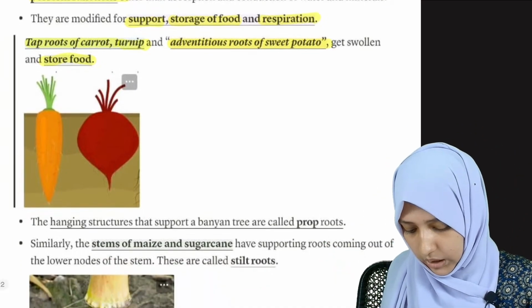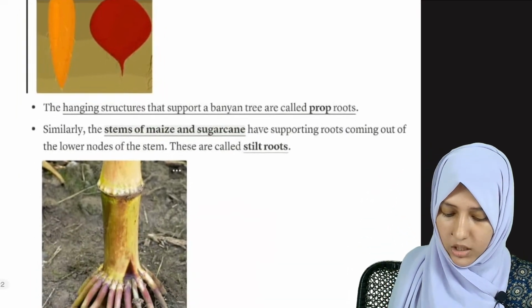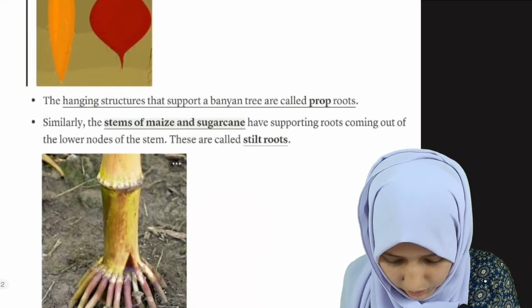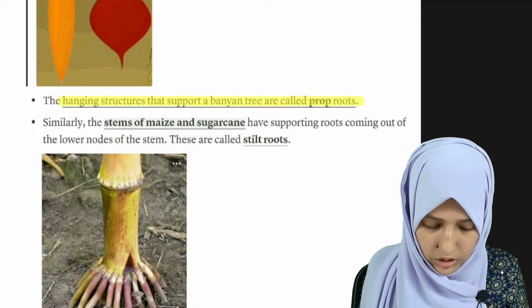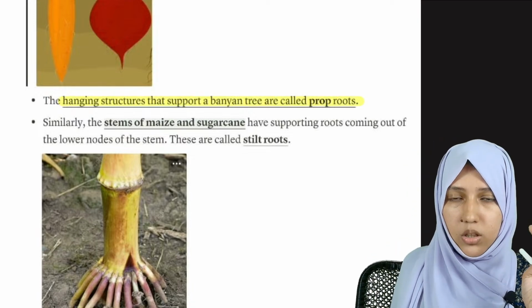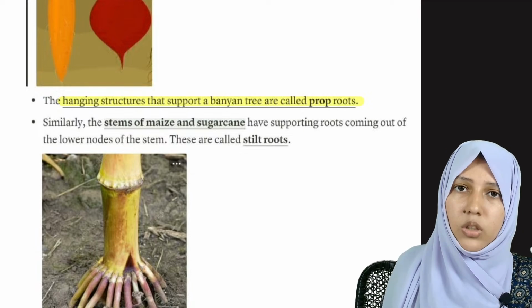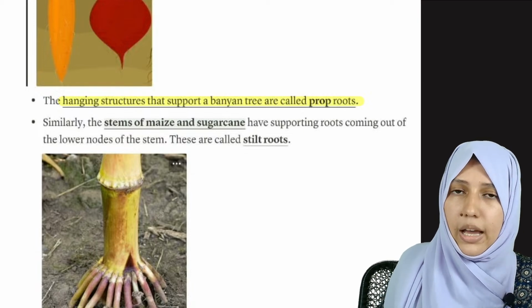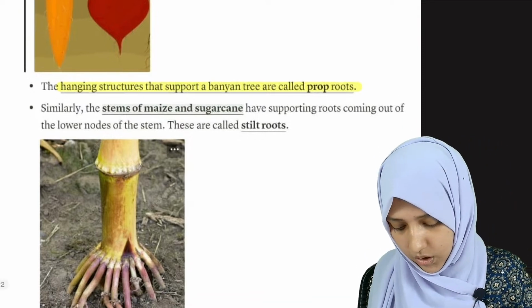So that was about storage of food. And the hanging structures that support a banyan tree are known as prop roots. This is an example of support. When they are modified for support, they are known as prop roots and they are seen in banyan trees. Clear?